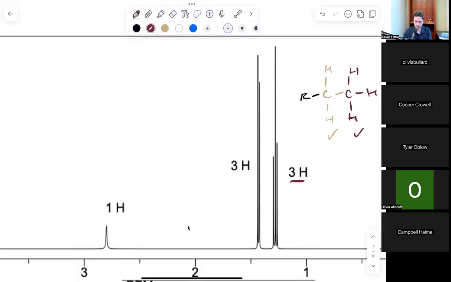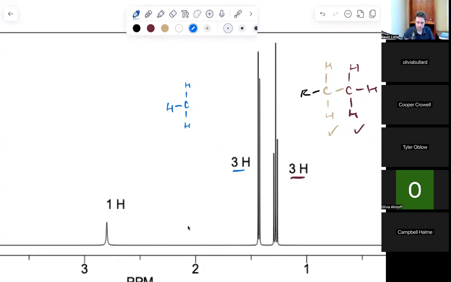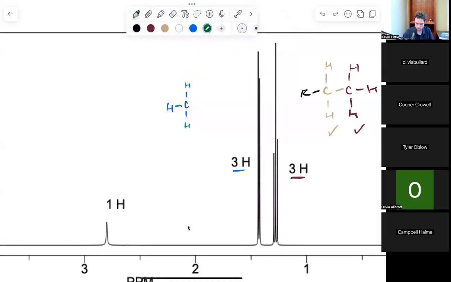So I'm going to move on to this guy. Again, a carbon with 3 hydrogens on it, and it has 1 neighbor. I need another color. Let's go green.